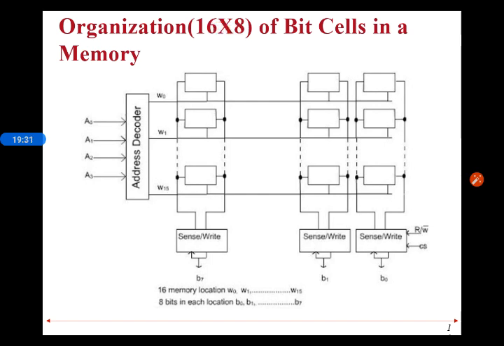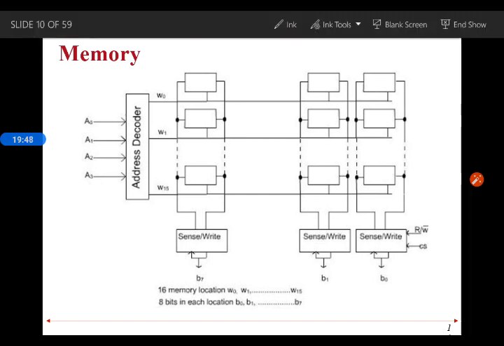If you want to address this memory, how many bits do we need in the address? We need 4 bits. Why? Because 2 raised to 4 is 16. That means we will be selecting this row or this row.